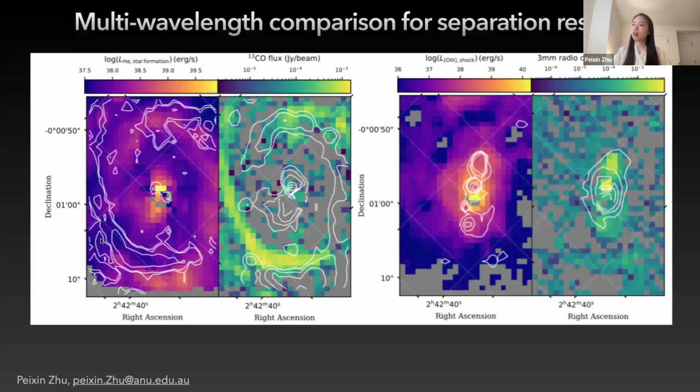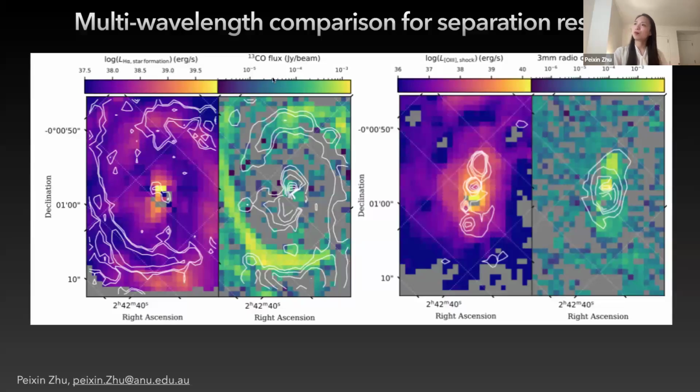The result of these new diagrams is that we can now separate the contributions from star formation, shocks and AGNs, and recalculate the emission in a certain emission line. For example, on the left, I'm showing the H alpha emission coming from star formation, compared with the CO emission in the radio wavelengths.